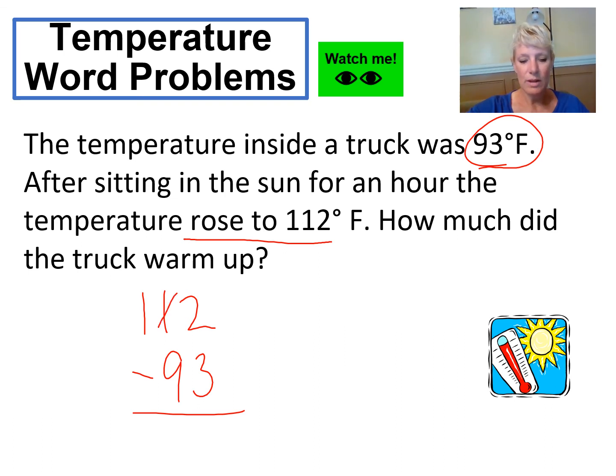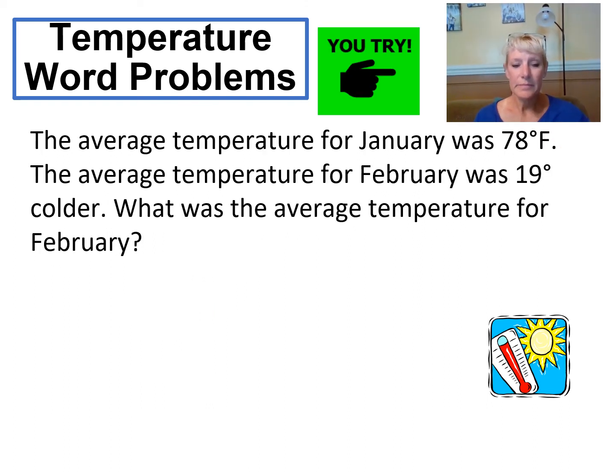So if I subtract here, this is becoming 9, and this becomes 0. This becomes a 1. So actually what happened is the temperature inside was 93 degrees. It rose 19 degrees and became 112. Okay, I want you to try this one. So pause the video and come on back in a moment.